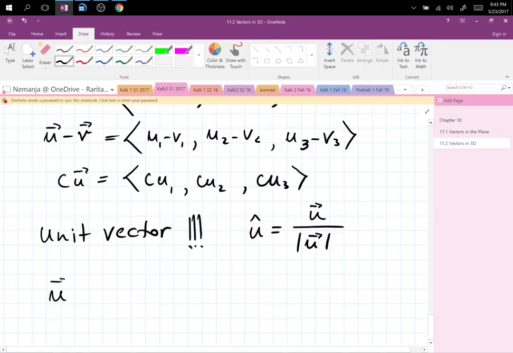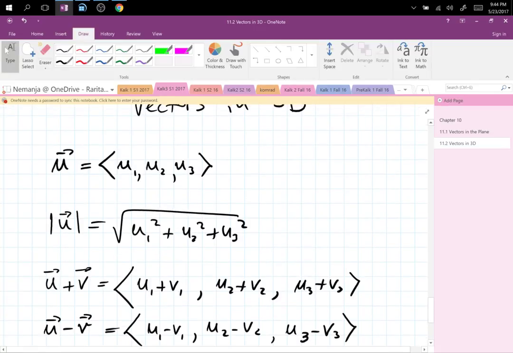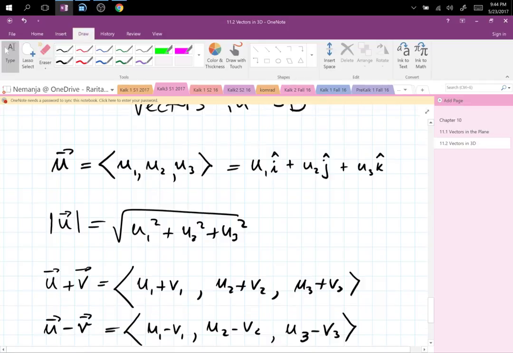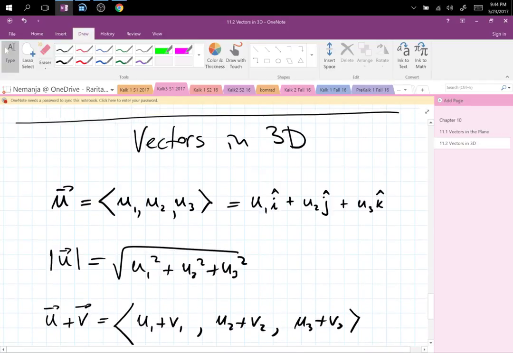The vector u can be represented as u1i plus u2j plus u3k, using unit vectors i, j, k as carriers. I added this on the top of the vectors.